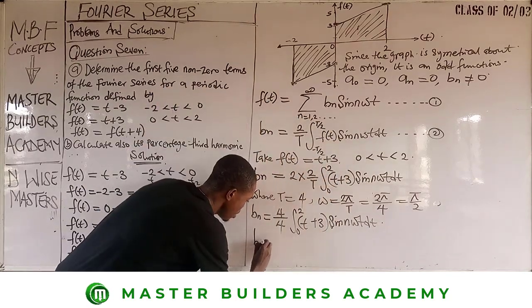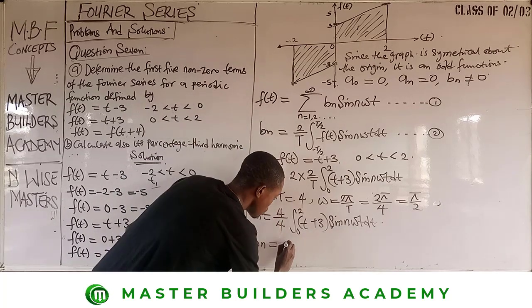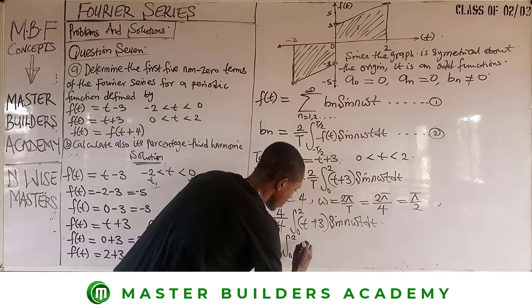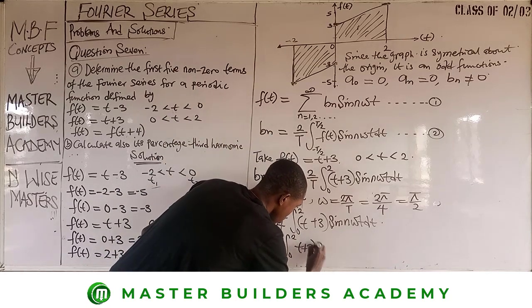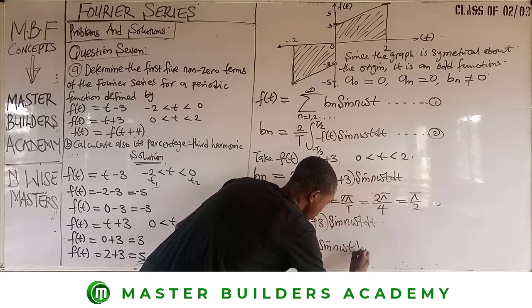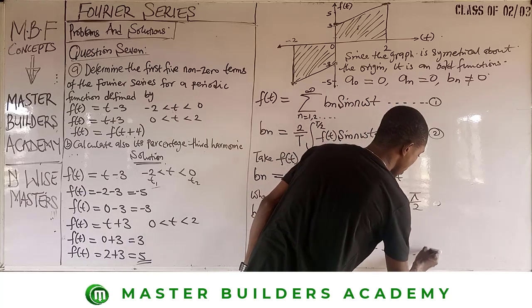So I have that my dn is equal to 4 divided by 4, which is 1. So we have integral of 0 to 4 of (t plus 3) sine n omega t dt. So let's assume we call this equation 3 now.